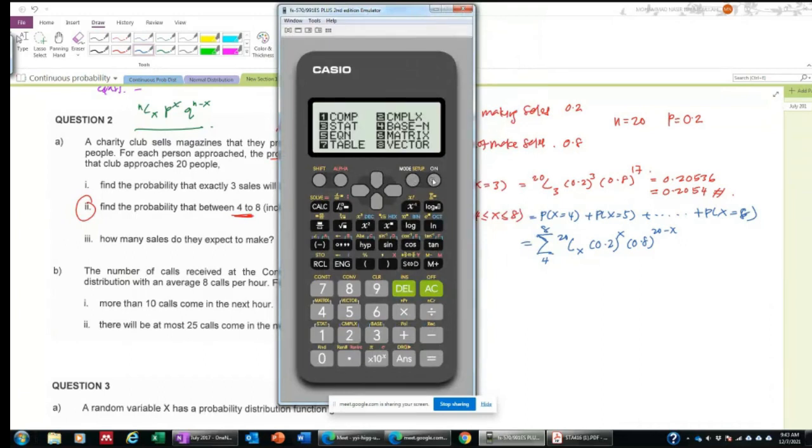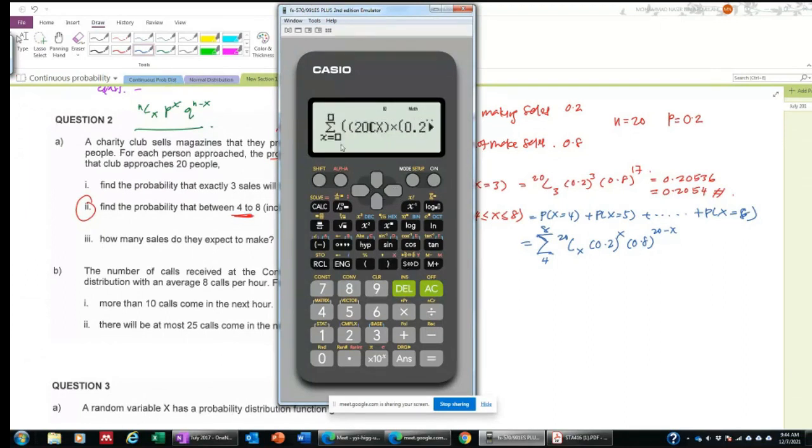Okay, now we are still in statistics mode, so we change it to the first one, which is math, and then click on shift log, so we will get the summation value. So put the value 20 choose x, and then close the bracket, multiply with 0.2 power of x, multiply with 0.8 power of 20 minus x.